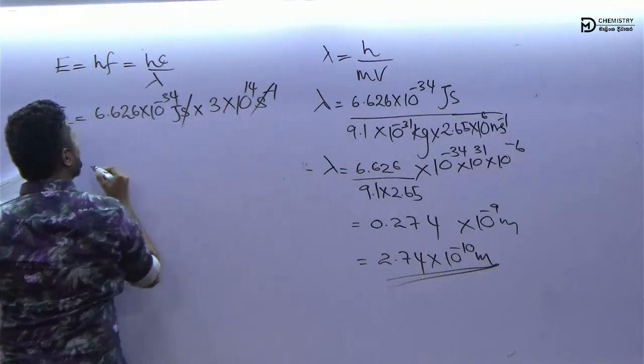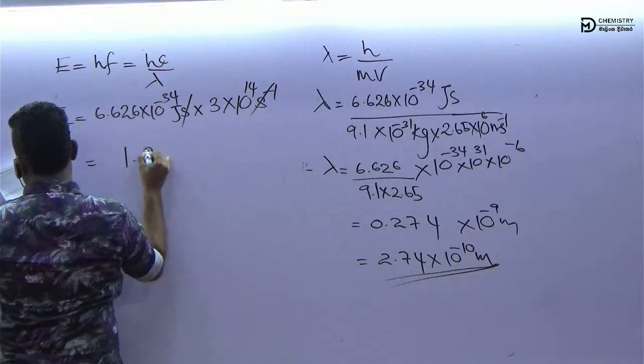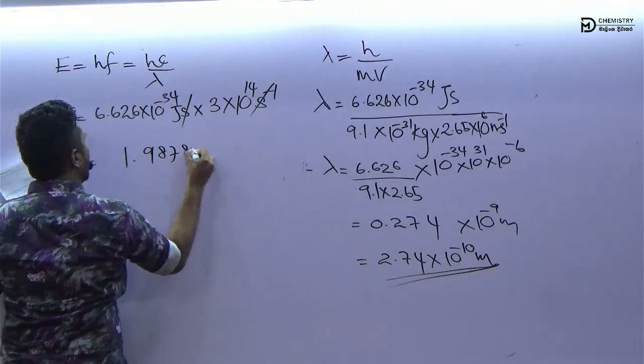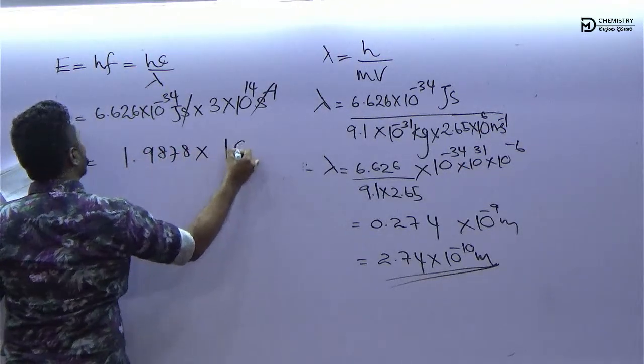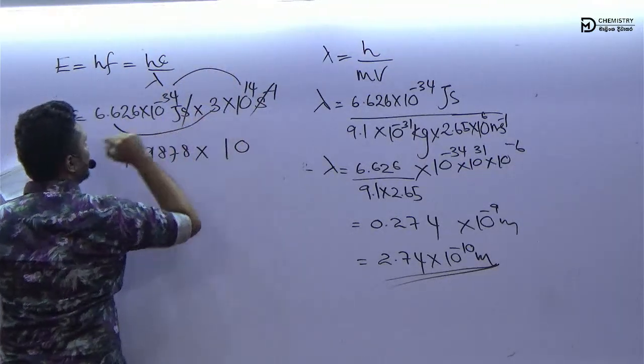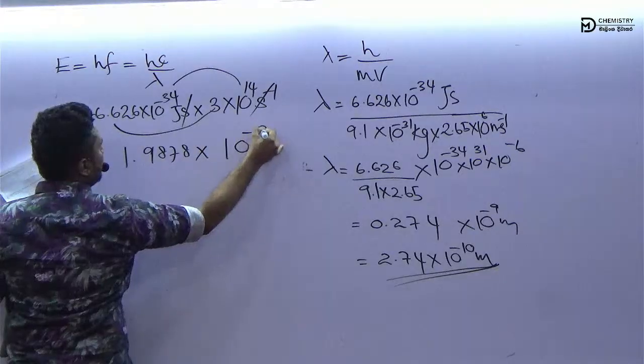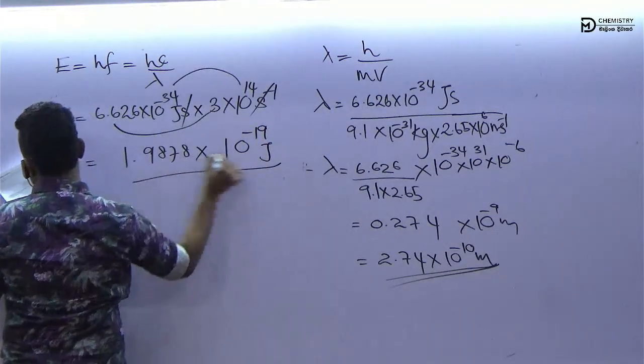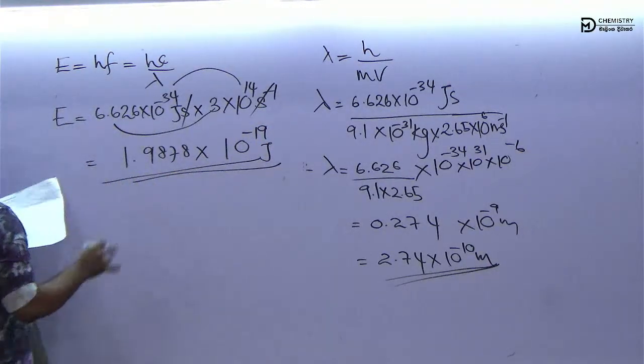These things are cancelled off. Final answer 1.9878 into 10 to the power minus 19 joule. This is my answer. Really easy question.